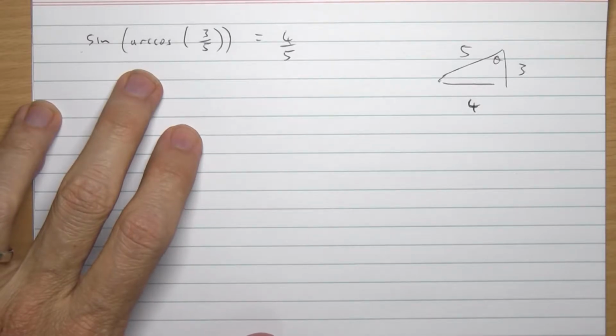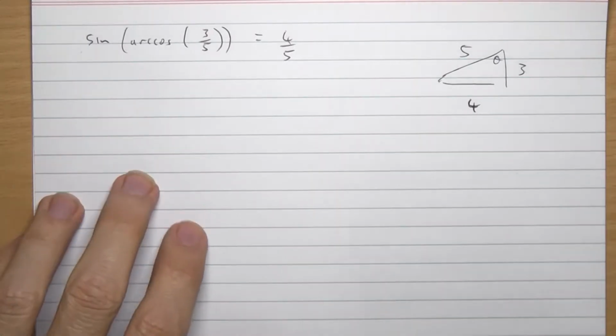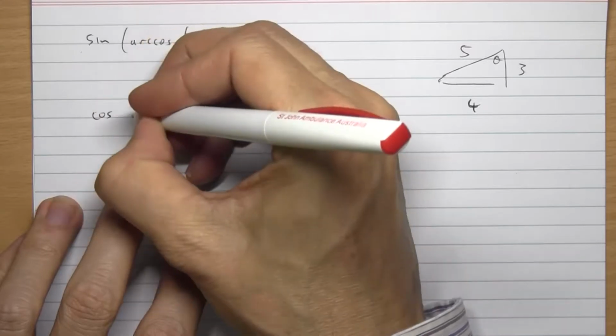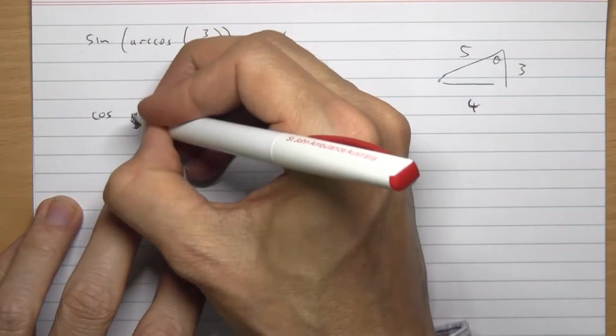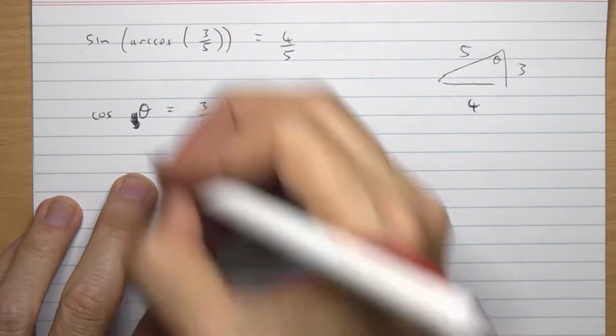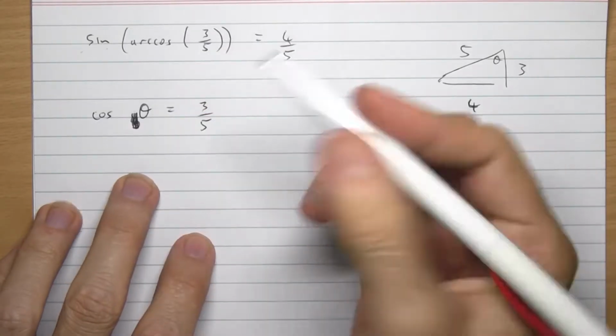What can you do? Well, we do have a relationship between sine and cos. So I've got an angle whose cos is 3/5. Here's an alternative way to solve this. Cos of my angle, I called it theta, so I'll stick to that. Cos theta was 3 on 5. I want to get to sine, so I can do this.